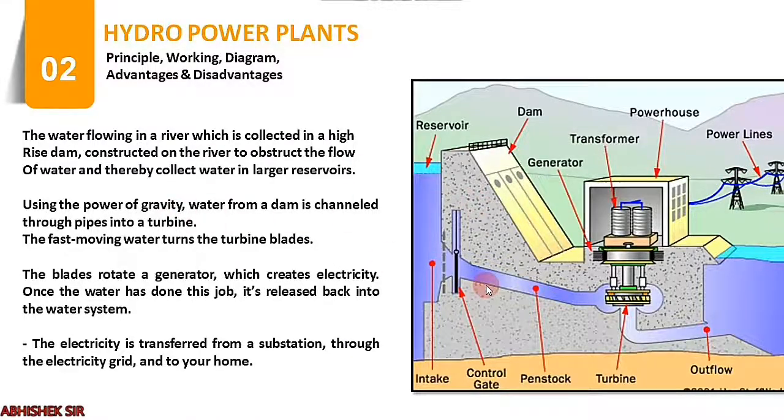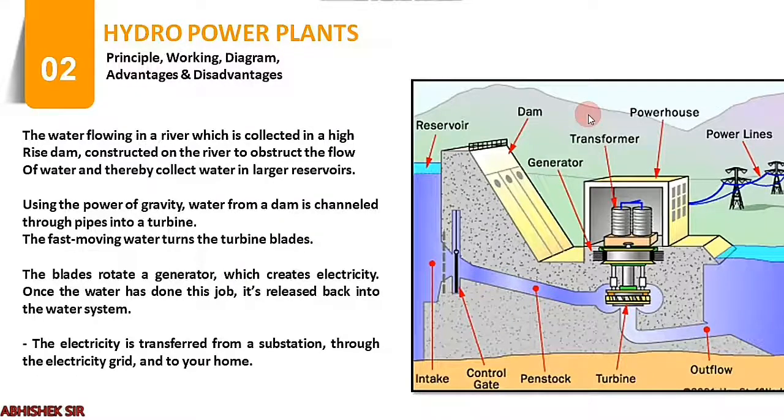Clear? So this is the working of a hydro power plant. Using the power of gravity, water from the dam is channeled through pipes and it rotates the turbine. The turbine rotates, connected with the generator, and creates electricity. Clear? And the water is not consumed, water goes again into the outflow. So we haven't used water for any purpose other than rotating the turbine.